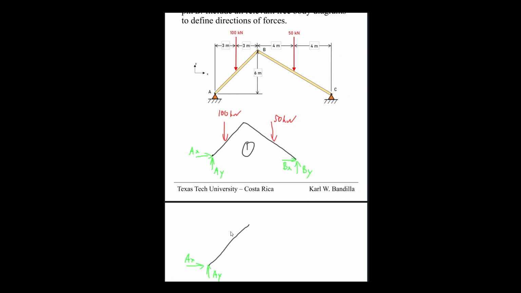We'll have the pin up here, the force of the pin be BX and BY. We're choosing whatever direction we want to. And then we have our load coming down here of 100 kilonewton. This will be our number 2.